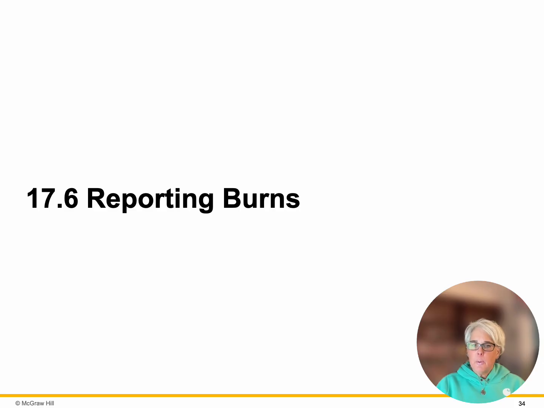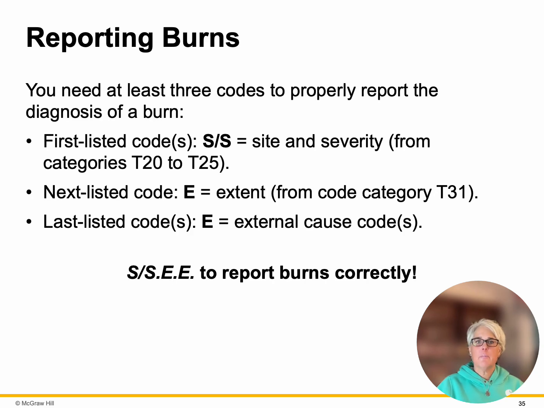Now we're moving into burns, and Section 17.6 covers burns and corrosions. These require multiple codes to describe the site, the severity, the extent, as well as the external cause. Now we're going to use a helpful mnemonic here, SSEE, to remember the sequence of burn codes.